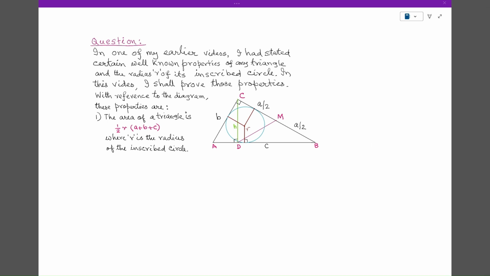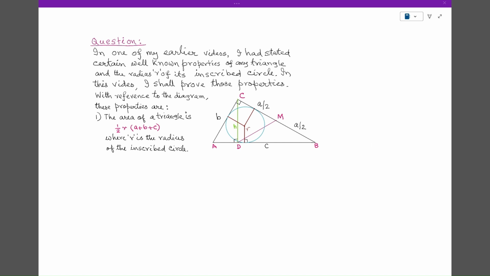In one of my earlier videos, I had stated certain well-known properties of any triangle and the radius r of its inscribed circle. In this video, I shall prove those properties.